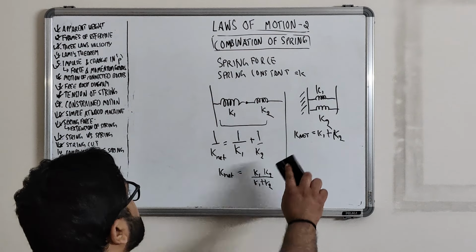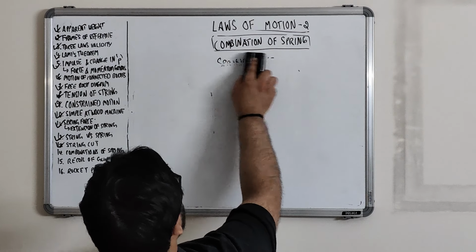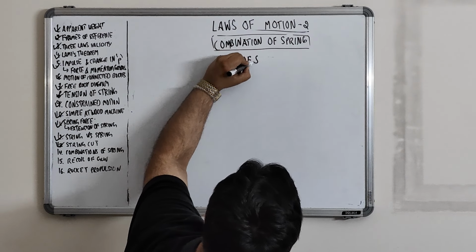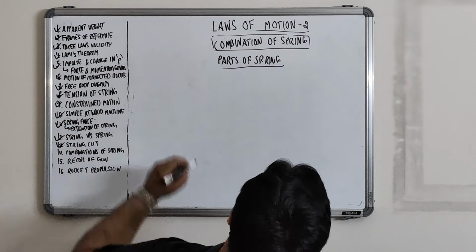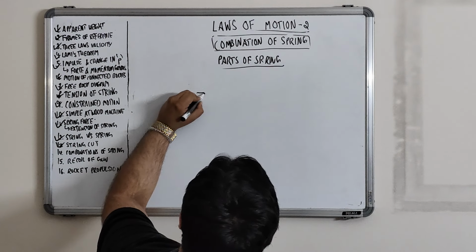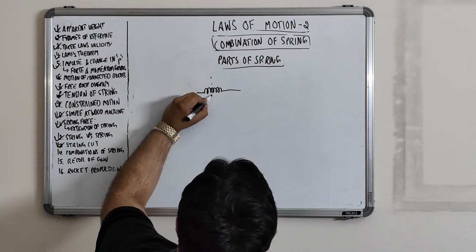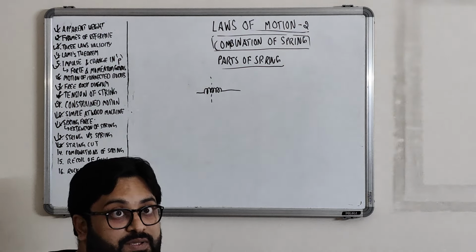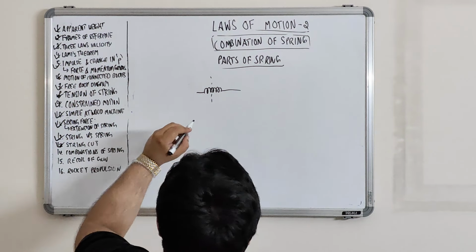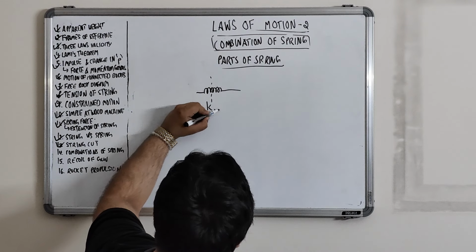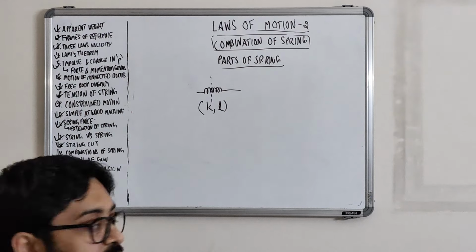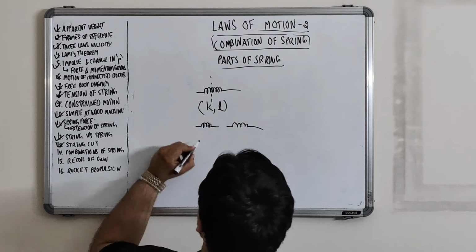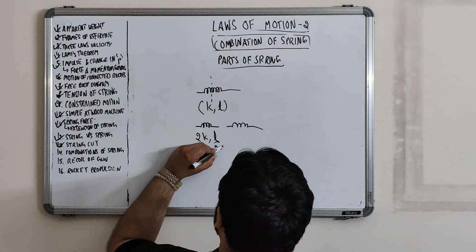Now similarly, if we talk about using these concepts in studying parts of a spring, if you have this spring and you cut it into two equal halves, earlier it had a spring constant K and a length of L, but if you cut it into two equal parts, the spring constant becomes double and the length becomes half.